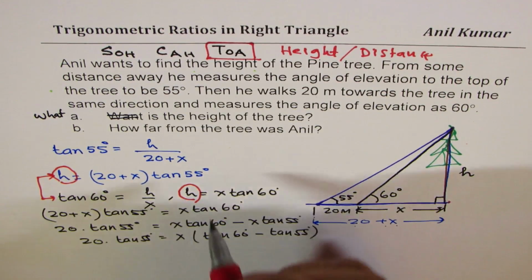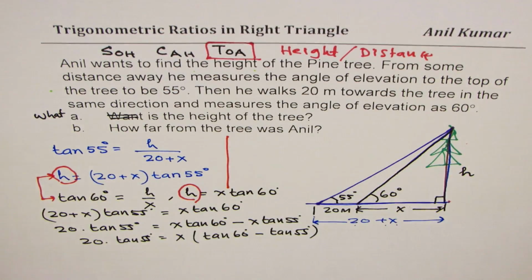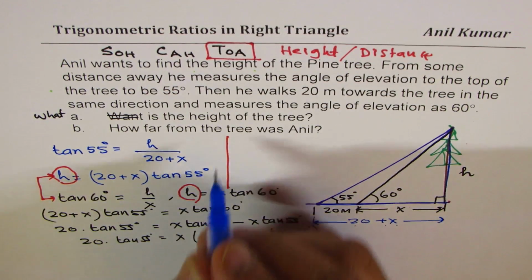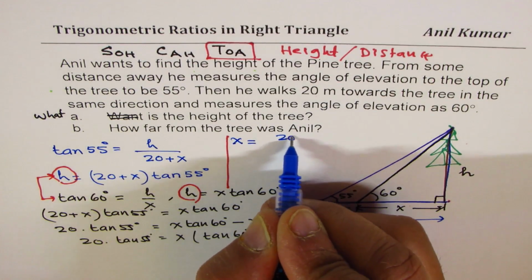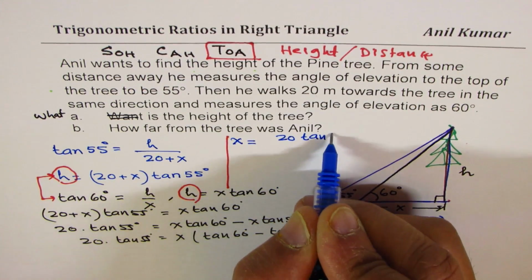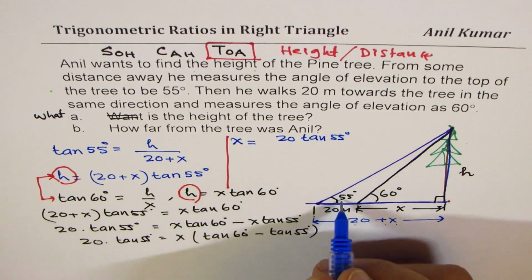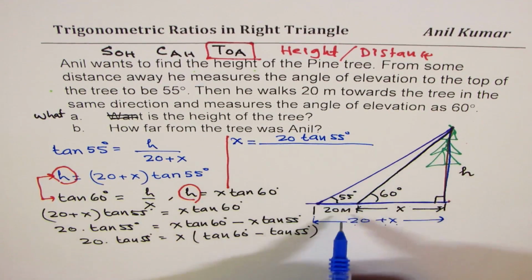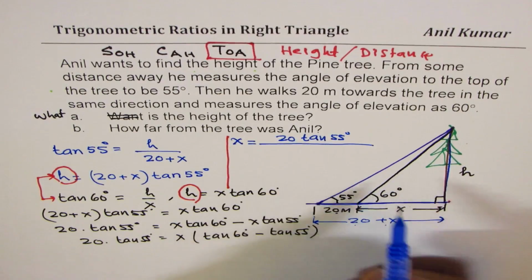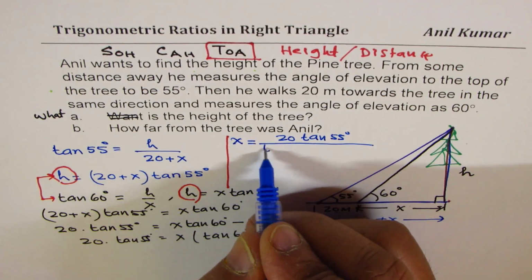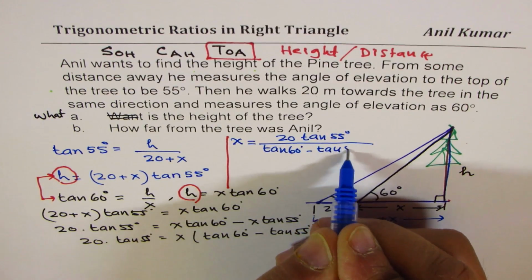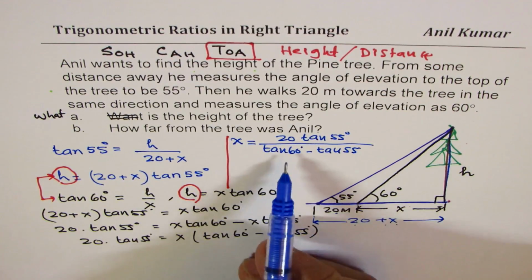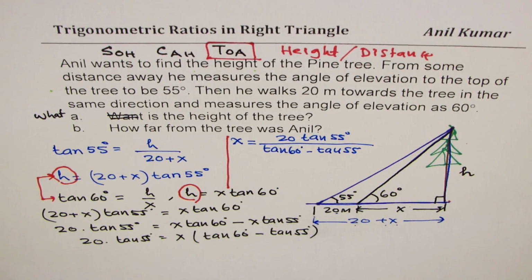So let's use the space which we have left here purposely only for this calculation. We get x as equal to the ratio of 20 times tan of 55 degrees, that is the outside angle, and this side 20, divided by the difference of the two angles, tan of 60 degrees minus tan of 55 degrees. It's good to look at it from this angle.